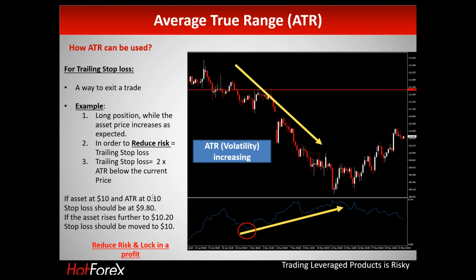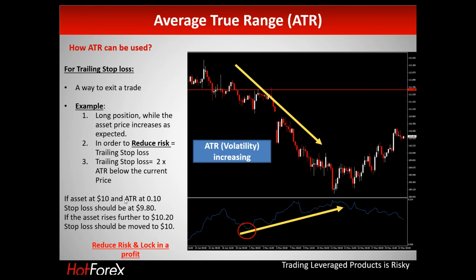We could place our stop loss either at 9.90 or at multiple times the ATR. So let's take 2 times the ATR, which reflects to 20 pips. So we could place our stop loss 20 pips below our entry, that is at 9.80. Is that correct, guys?